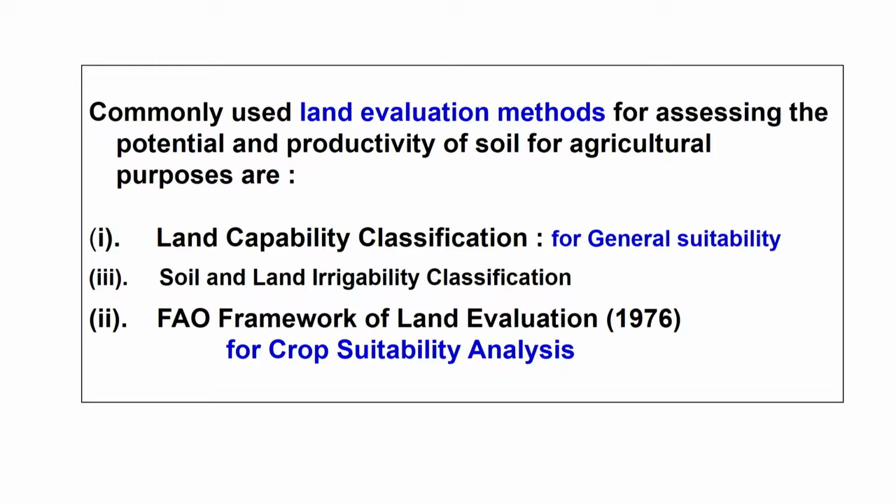This tells whether the land is suitable for irrigation or not, because if the soil is not suitable for irrigation and you do irrigation, then in future there may be a problem of degradation. That's why we find out the land irrigability classification.